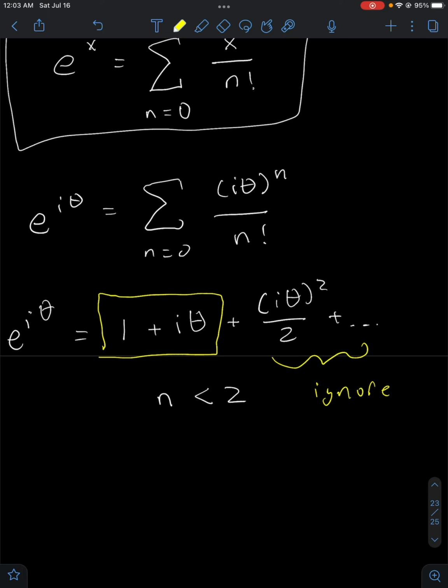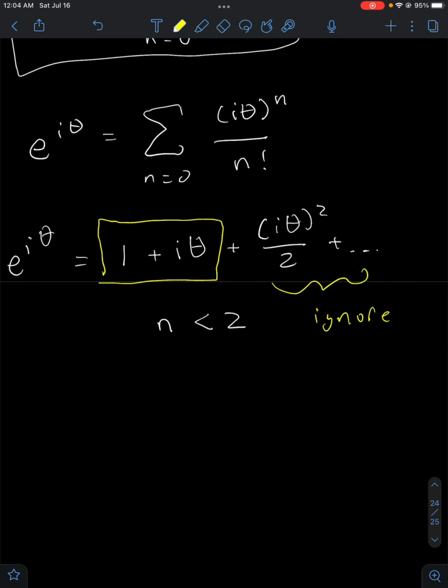So we want to approximate e to the i theta by just considering the first two terms, since they're very easy to deal with. So that's my reasoning for considering the first two terms. But there might be some more mathematically valid reason floating around there, and I encourage you to look it up for yourself. But we stop at the first two terms to approximate our scalar.